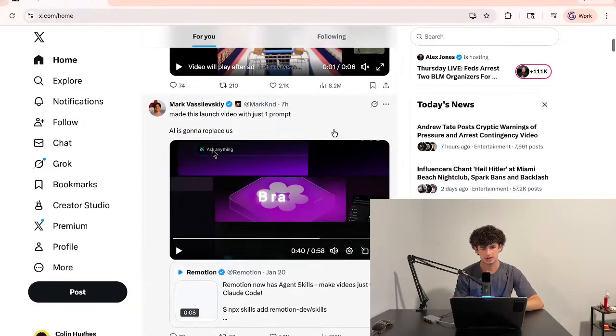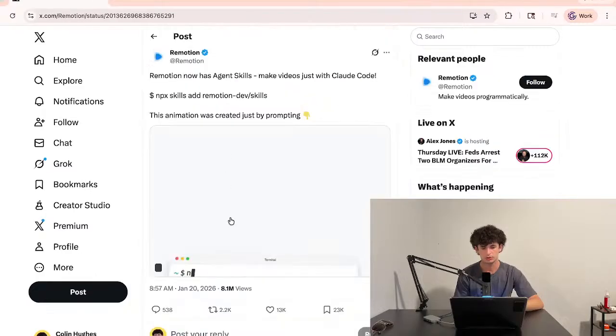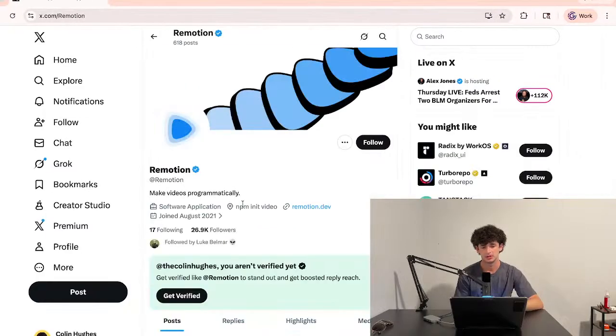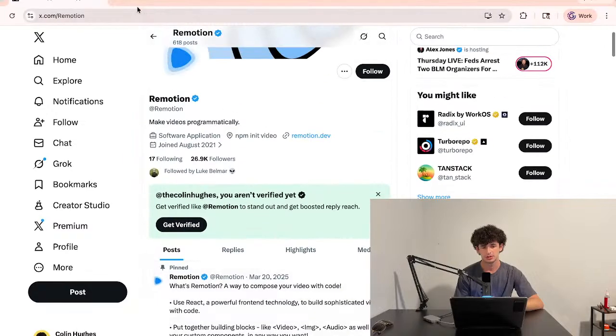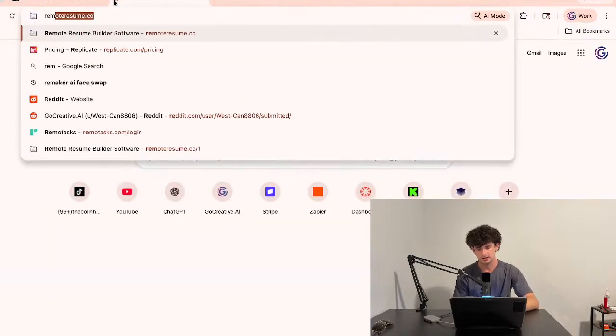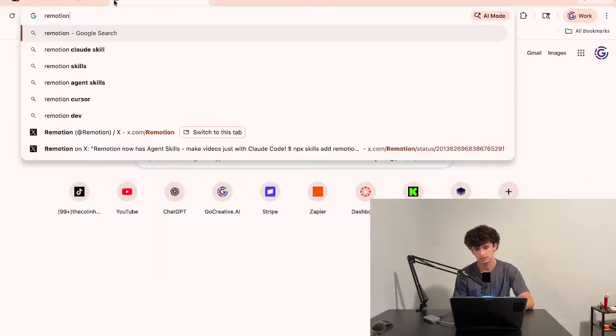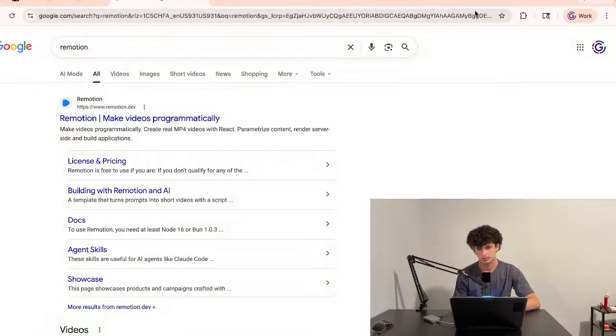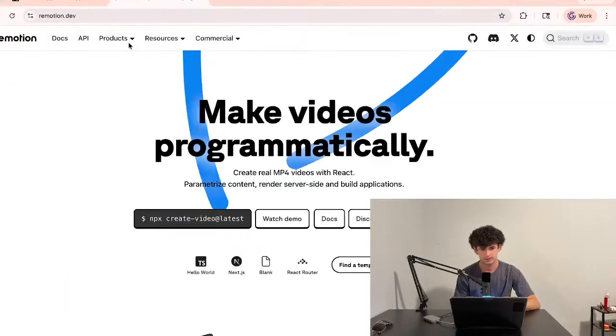This is crazy. I guess it's Remotion. So this is a tool. Okay, I've seen this actually. This company, this is crazy. Let's look this up. Why not? I actually want to look this up here. What's the pricing here?